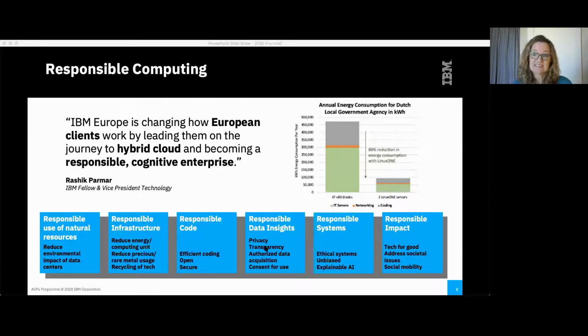And then in addition, they did another analysis that found that if they deployed those onto a new IBM Z15, it could reduce energy consumption by 14%. So pretty impactful as far as what our platform is able to do from a responsible computing perspective.